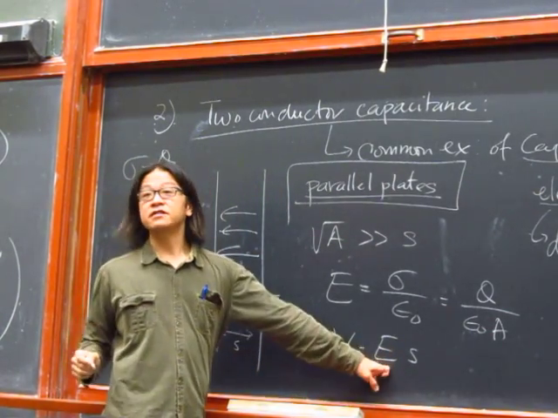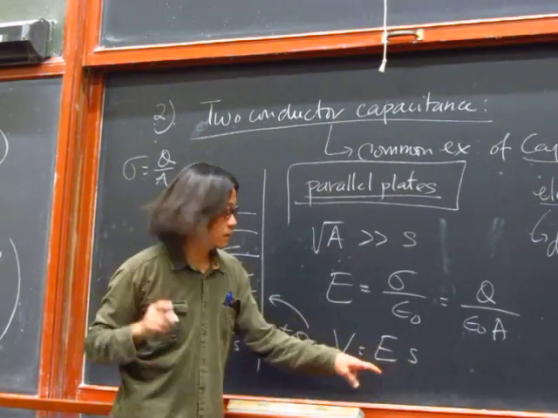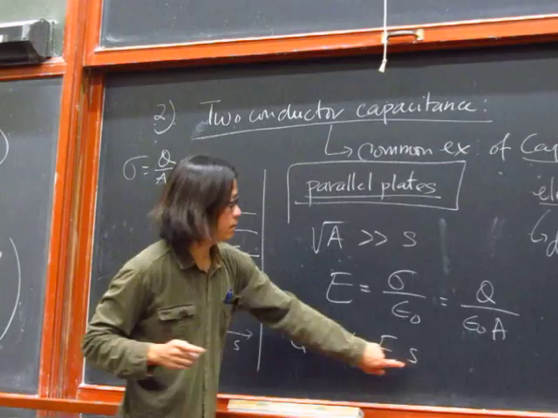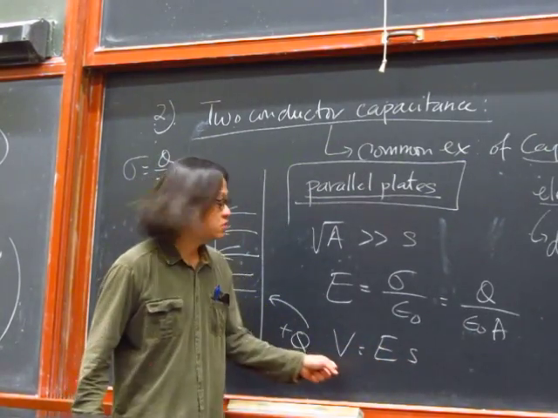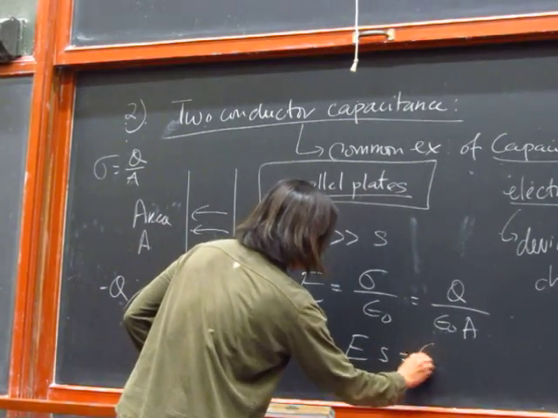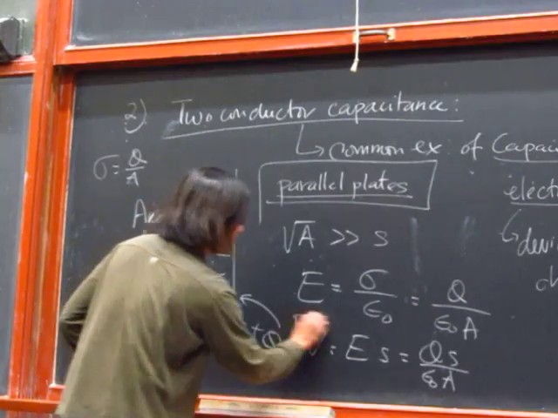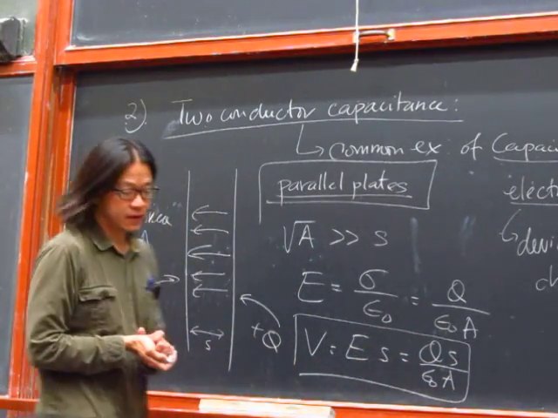The potential is just a line integral of electric field over the length, and since the electric field is constant, the potential difference is just E times the separation, right? So this becomes Q S over epsilon naught A. Okay.